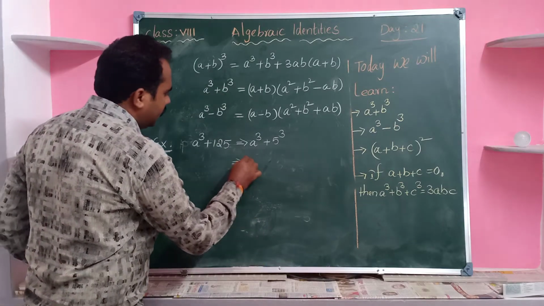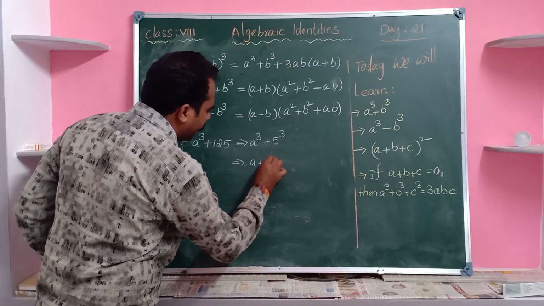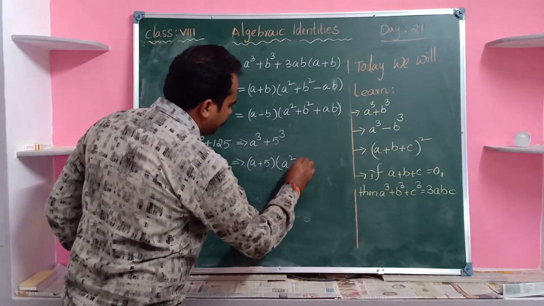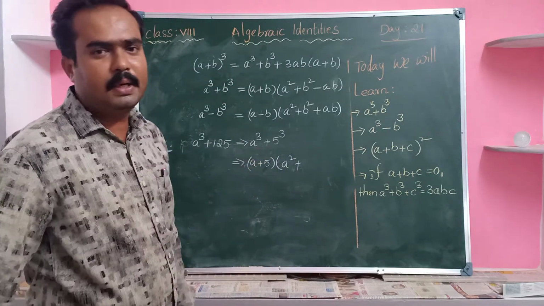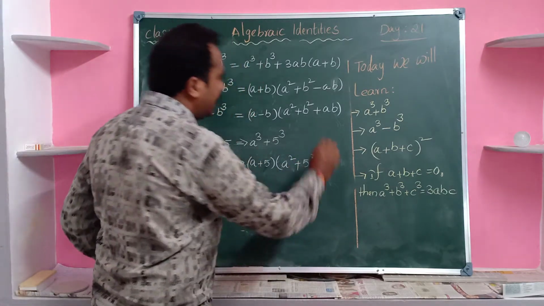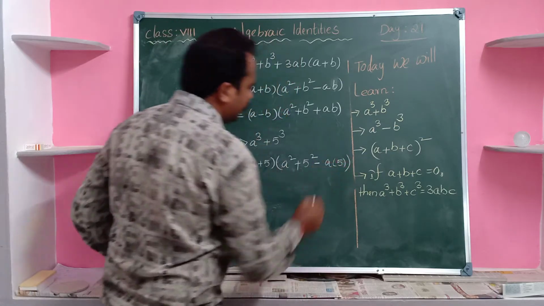Same expansion, a plus b, that means a plus 5, into a square plus b square, b square means here 5 square, minus a into 5.